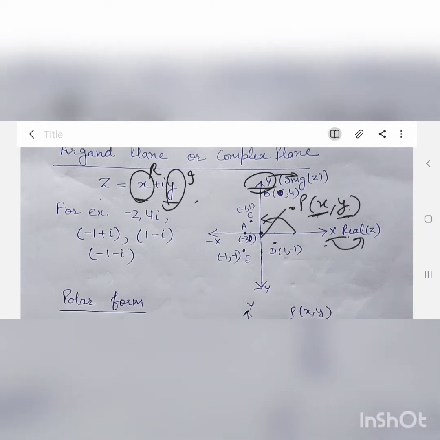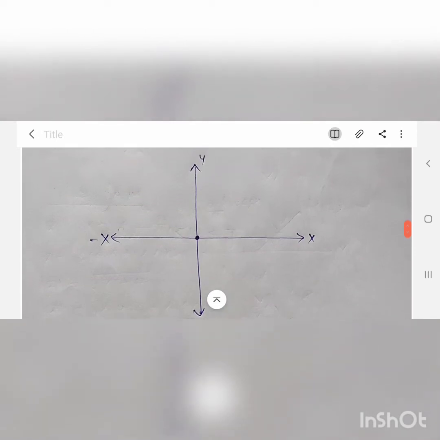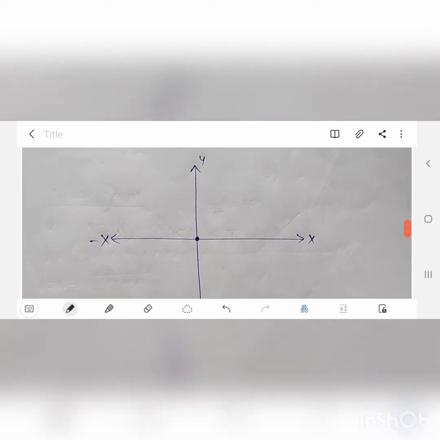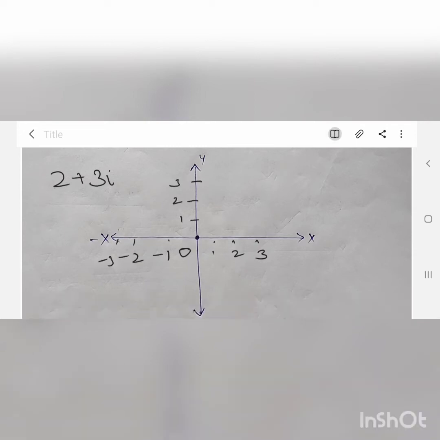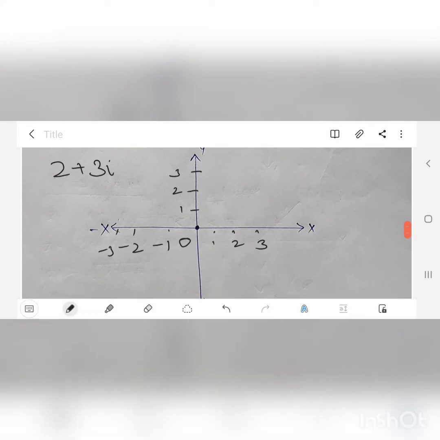For example, we take 2 plus 3i. The center is 0, then 1, 2, 3 in this direction and minus 1, minus 2, minus 3 in the other.